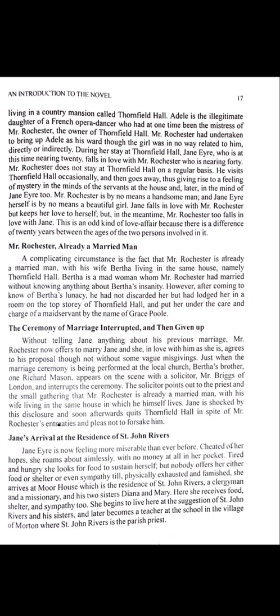Adele is the illegitimate daughter of a French opera dancer who had at one time been the mistress of Mr. Rochester, the owner of Thornfield Hall. Mr. Rochester had undertaken to bring up Adele as his ward, though the girl was in no way related to him, directly or indirectly.